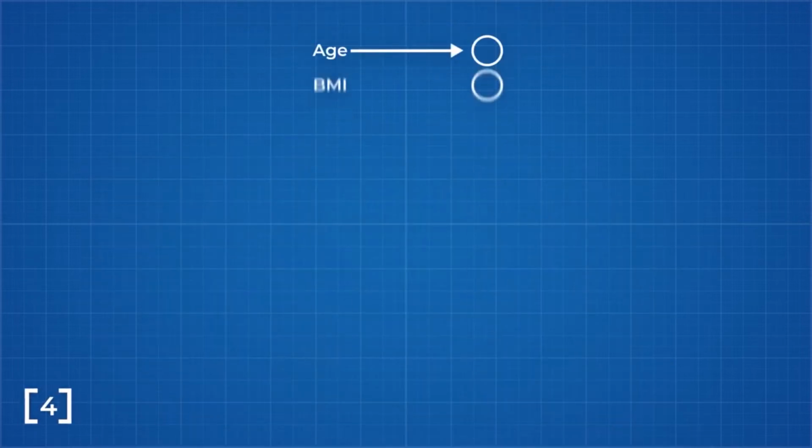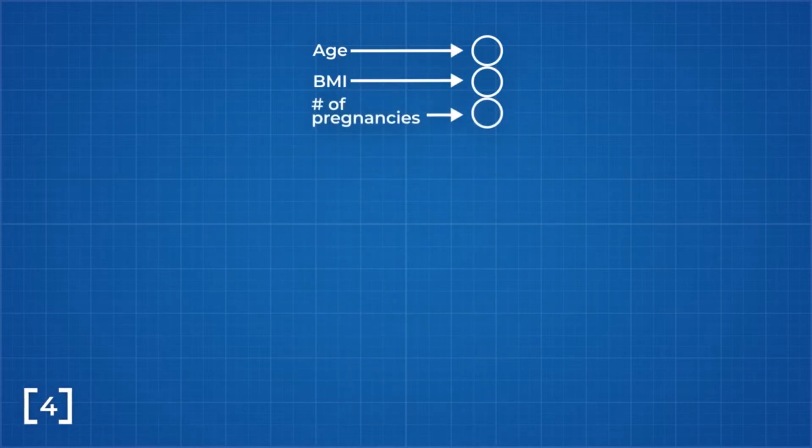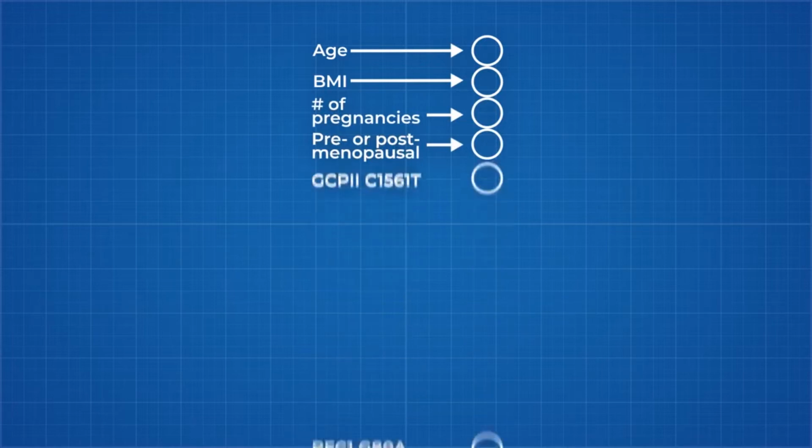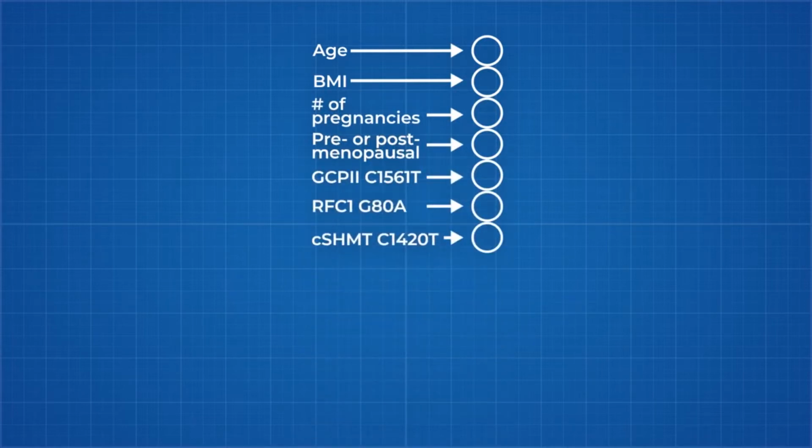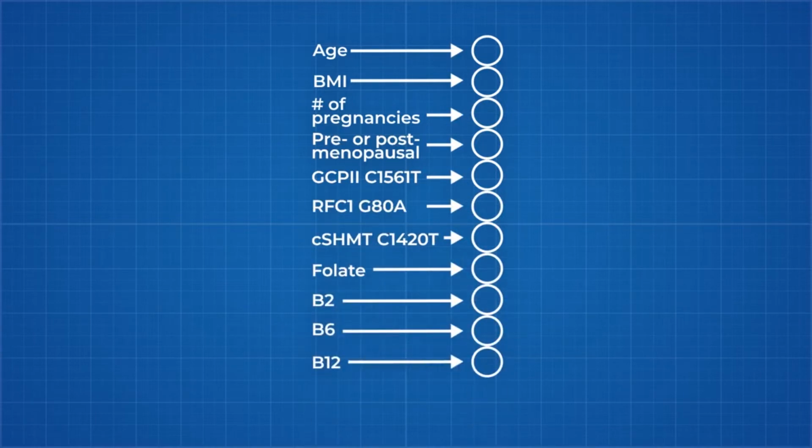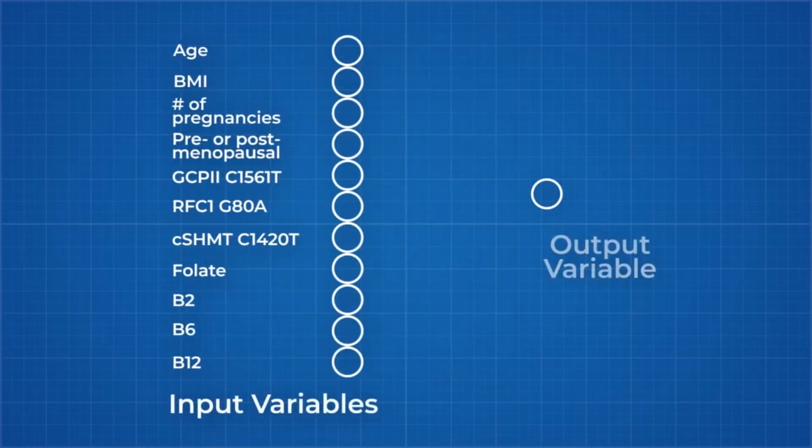In our example: age, body mass index, number of pregnancies she had, if she is pre or post menopausal, and details of genetic analysis such as amount of folate, B2, B6, B12. In this example, the output variable would be whether the patient had cancer or not, which is represented as 0 for no, 1 for yes. This is simply how it works.